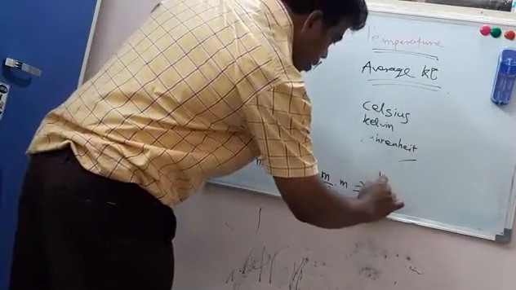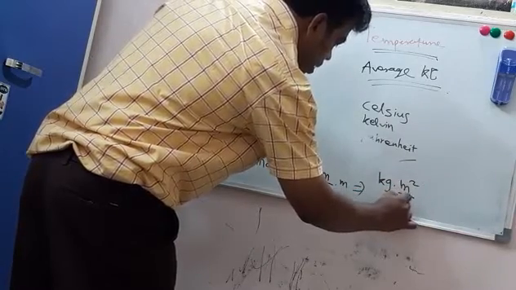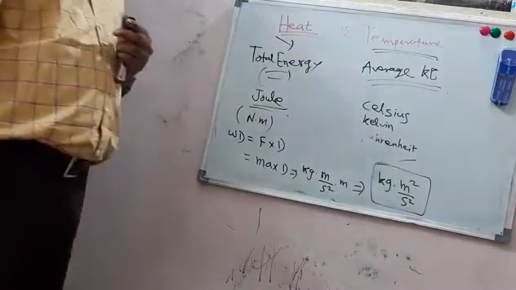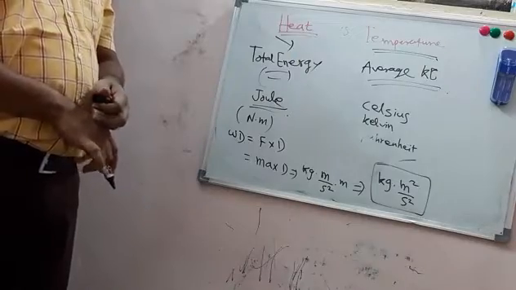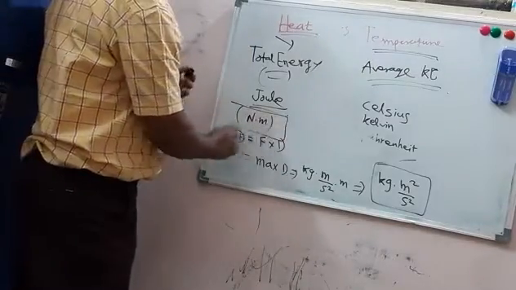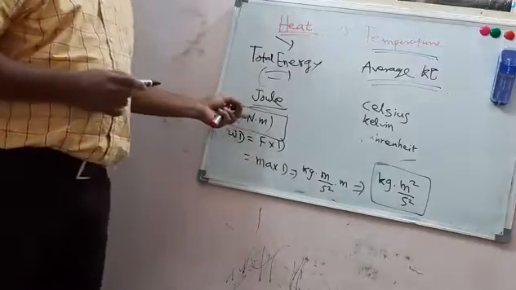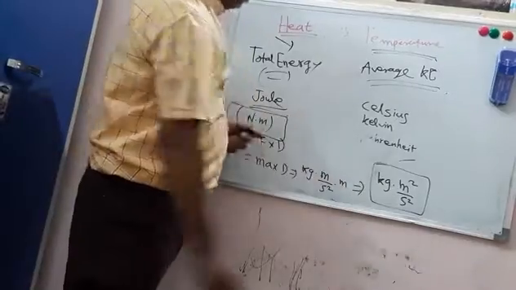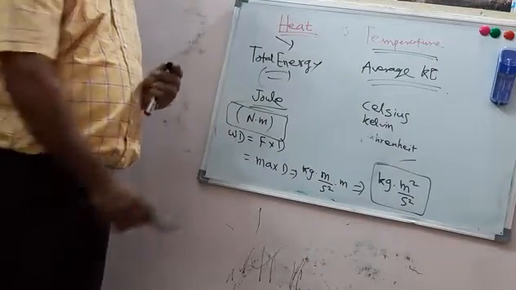So kilogram meter square by second square. So another unit of joule is kilogram meter square divided by second square. It can be mentioned either as Newton meter or kilogram meter square per second square. So that is the unit of joule.